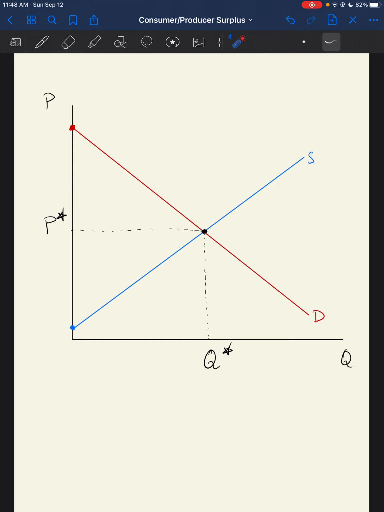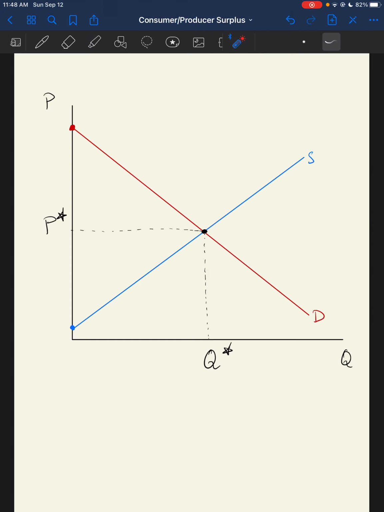So before we do a quick example, I kind of just want to review what we talked about in lecture and just quickly review what consumer and producer surplus is. Okay, so remember that in econ we sort of use the term surplus. The idea of surplus basically is referring to the benefit that people are deriving from engaging in some market transaction.